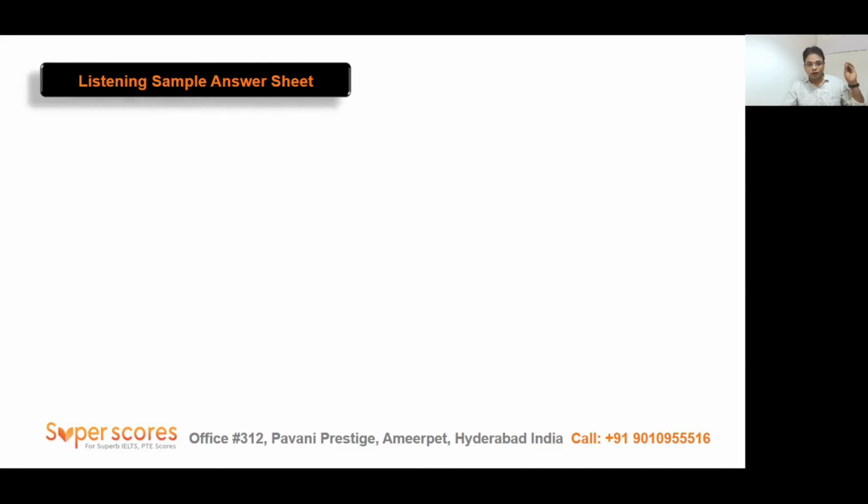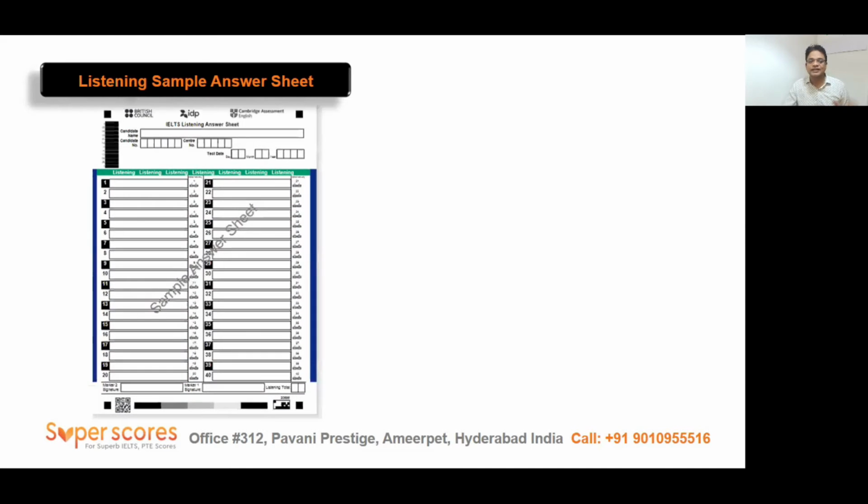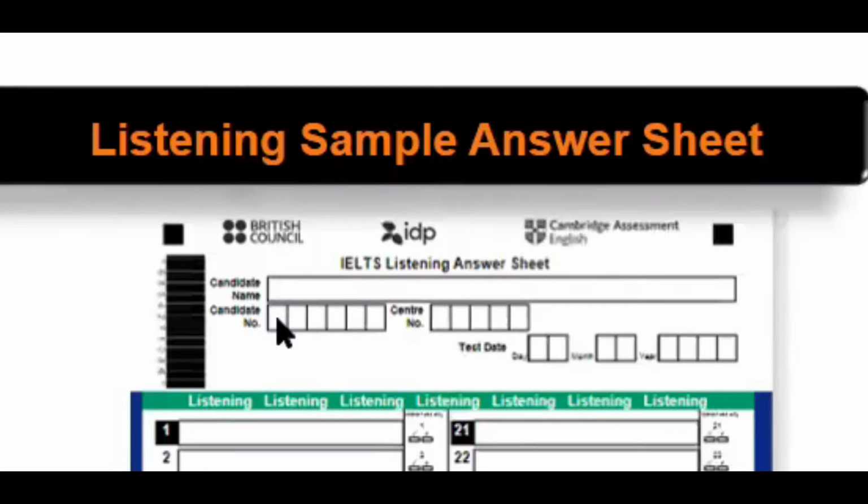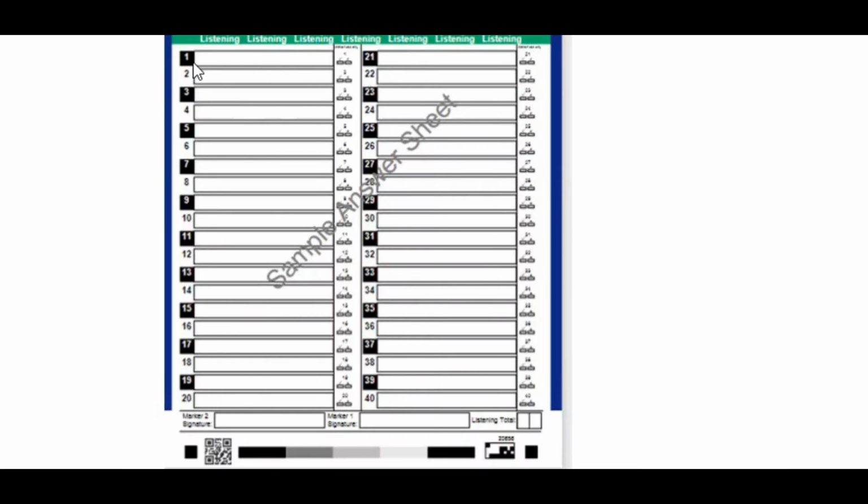Now let us have a look at a sample IELTS answer sheet if you are taking the paper-based exam. This is only applicable for people taking the paper-based exam. Here, guys, there are administrative details like candidate's name, candidate number and center number. Underneath that, you can see the question numbers 1 to 40, and opposite every number, you have a blank.